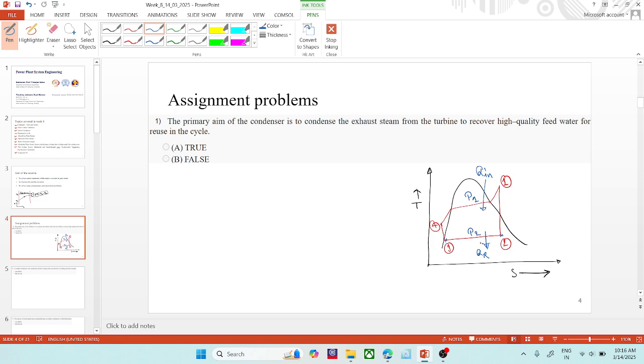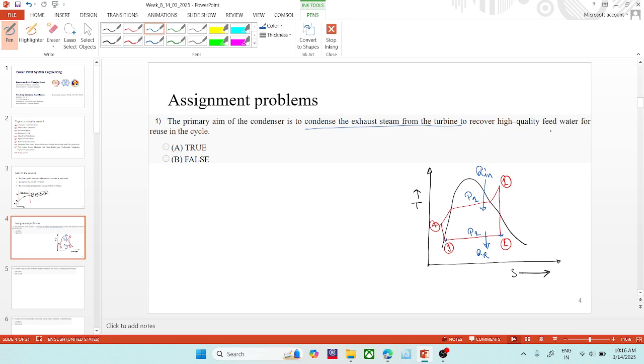As mentioned in the statement, it condenses the exhaust steam from the turbine. Point 2 is the turbine exit. The steam is coming from this and it is condensing in the condenser. So till here the statement is true.